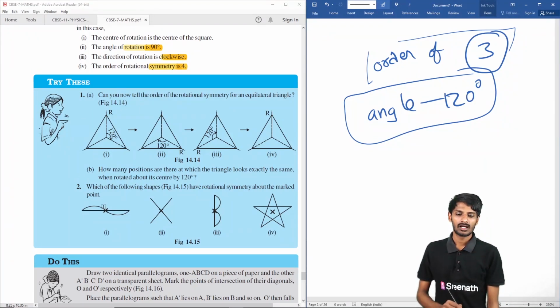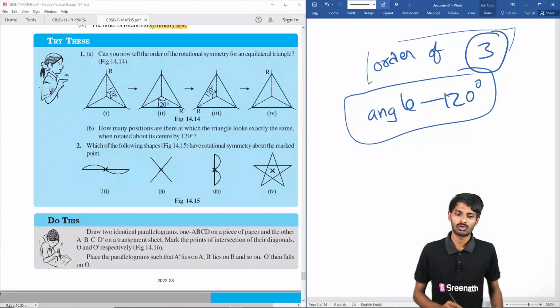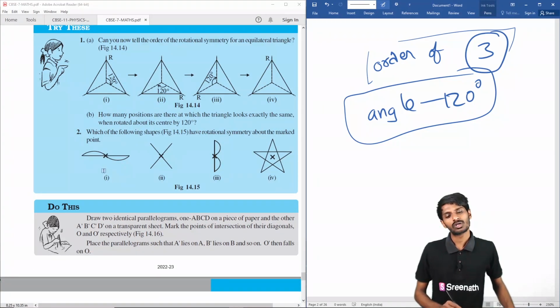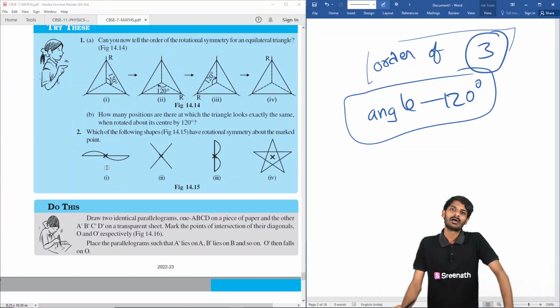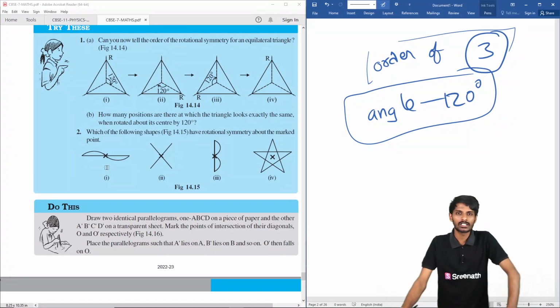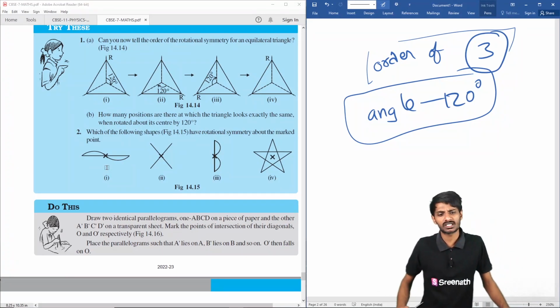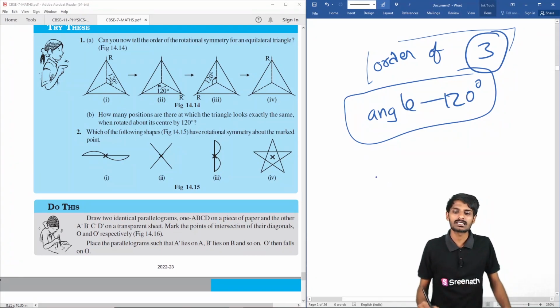Okay, and now see here, does it have line symmetry? No. Does it have rotational symmetry? Of course, if you rotate for one complete cycle, it will show, but it is not counted as rotational symmetry. Every object, if you rotate it 360 degrees, shows rotational symmetry, and the order of rotation is 1.